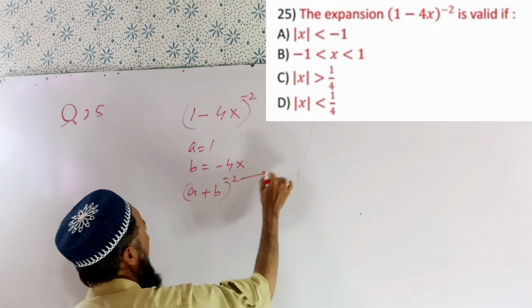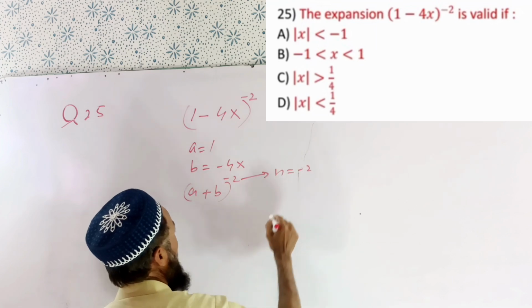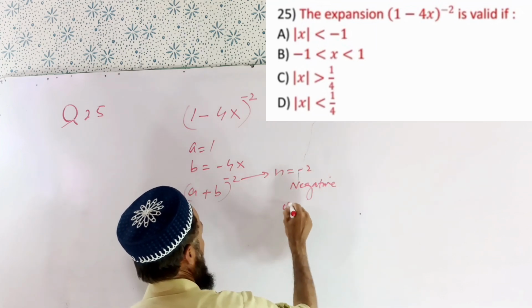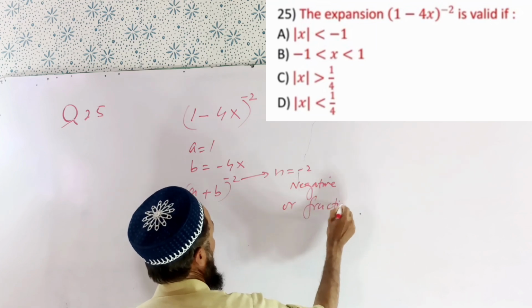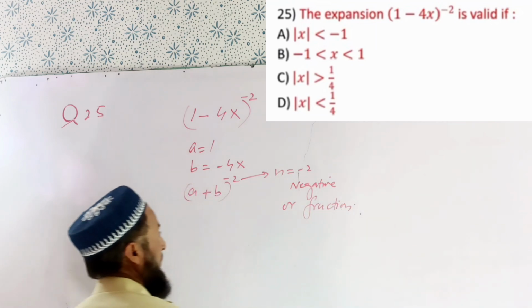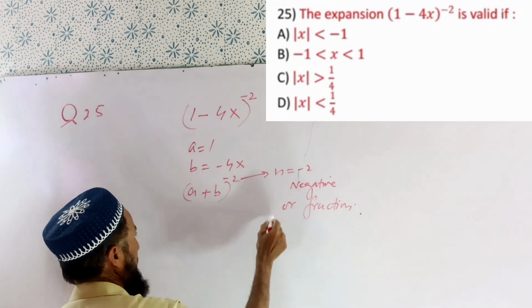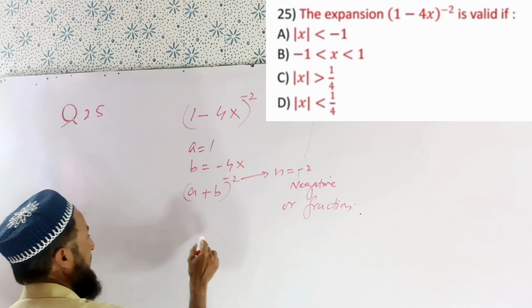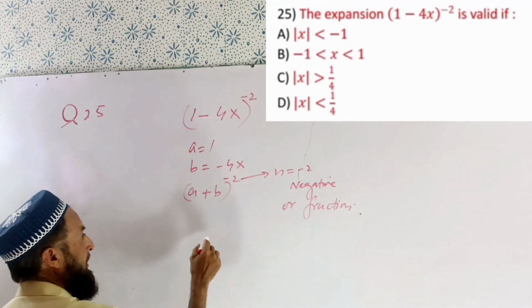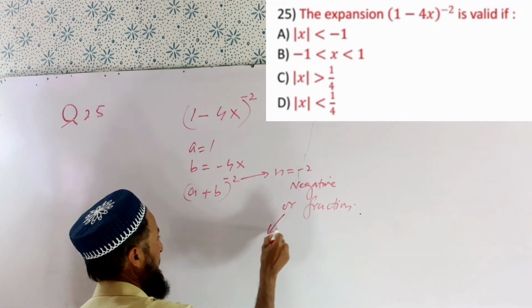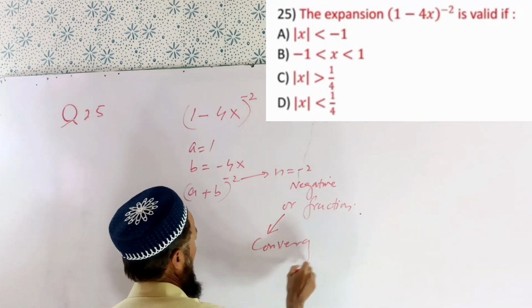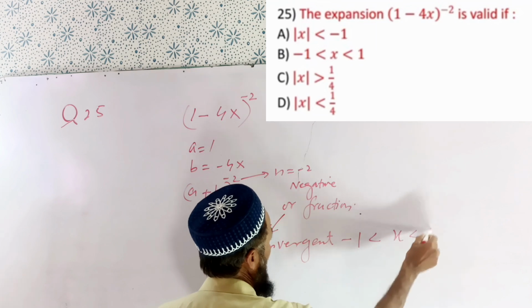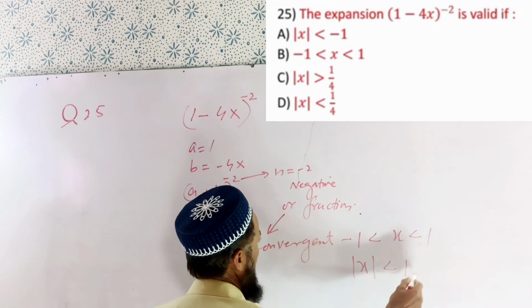Here n is equal to minus 2, which is negative or a fraction, so that will be convergent. Convergent means that absolute x must be less than 1, minus 1 less than x less than 1.